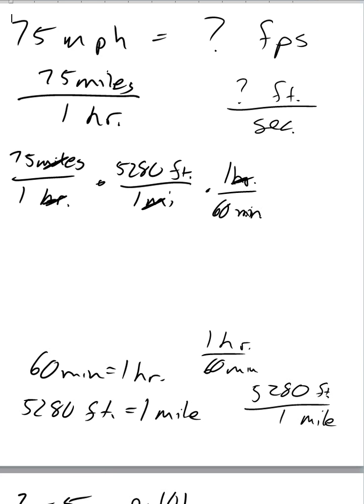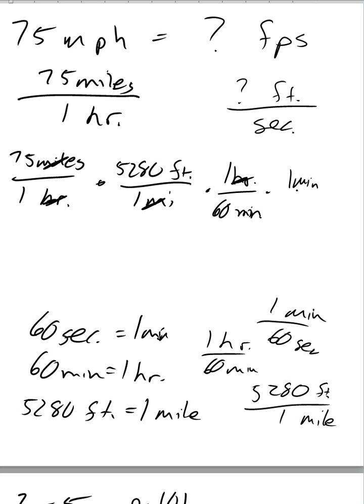Now if we want it in feet per second, I know there are 60 seconds in 1 minute. So once again, my conversion would look like 1 minute over 60 seconds. And now my minutes cancel off.